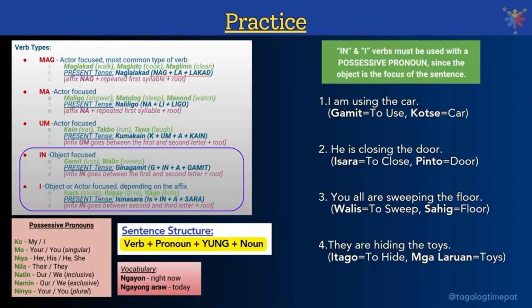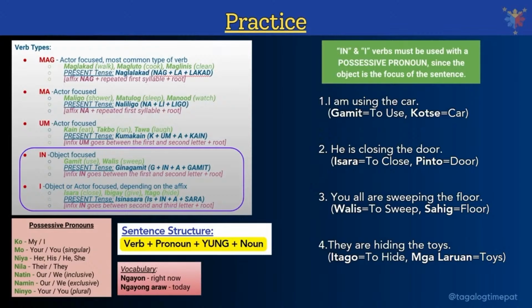And here are some examples. I am using the car, and I gave you some vocabulary words. Gamit means to use. Coche is car. Number 2, he is closing the door. Isara means to close. Pinto means door. Number 3, you all are sweeping the floor. Walis means to sweep.